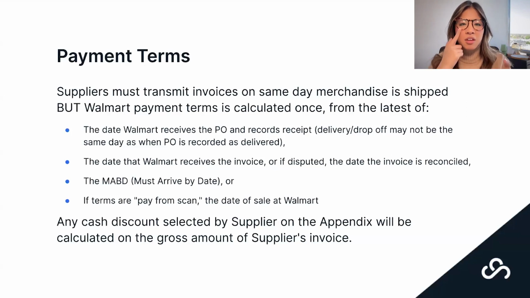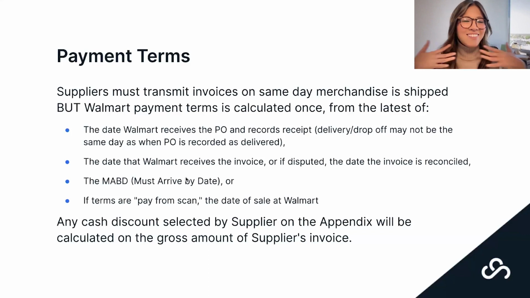But the key thing for people to know, which not many people do, is that your Walmart payment terms are calculated on whichever is the latest of these dates: the date Walmart receives the PO and records receipt, meaning when they scan it into the warehouse, so something like a gate stamp doesn't matter; the date Walmart receives the invoice; the MABD; or, if the terms are pay from scan, the date of sale at Walmart. Usually the receipt date is going to be the latest, because invoicing the day it ships versus the day it gets received, obviously the receipt is later.